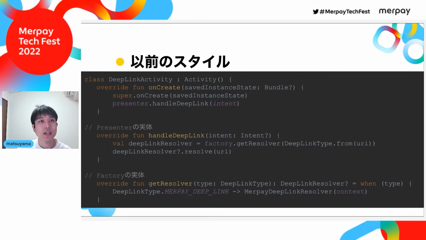In the previous Mercari application, the style was roughly like this. There is a dedicated activity that receives deep links and processes them. It searches for and resolves the resolver, which possesses the deep link, from the intent of the deep link. The resolver is the one for Merpay.